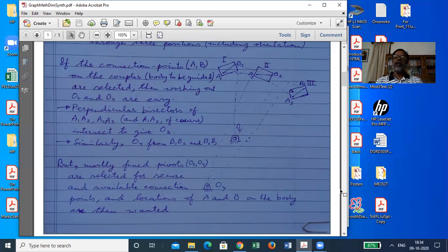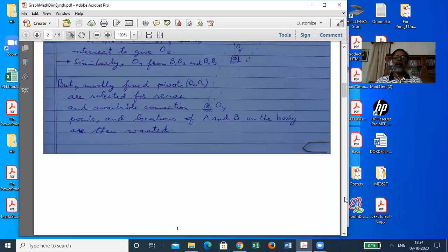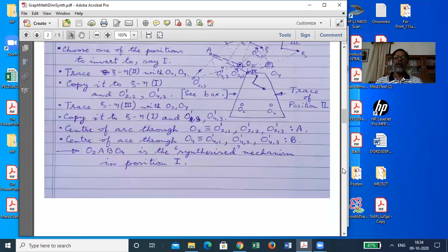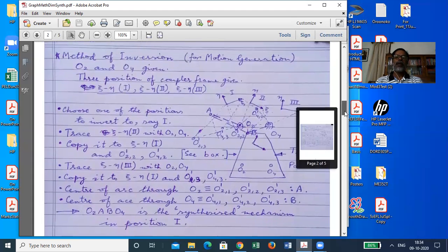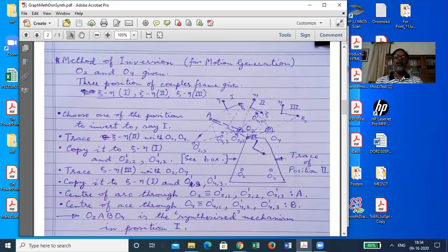So that is the method of inversion. So O2 and O4 are given and three positions of the coupler are given. Now there is no AB.